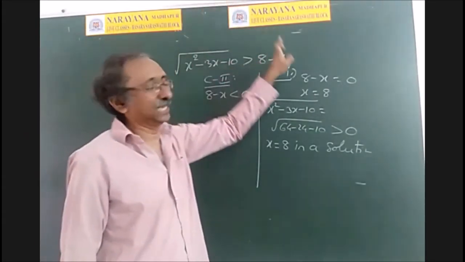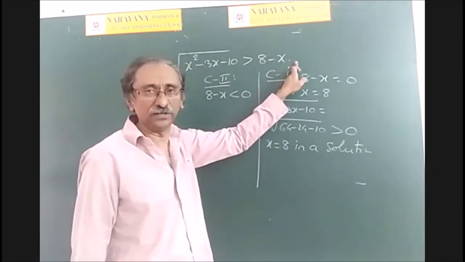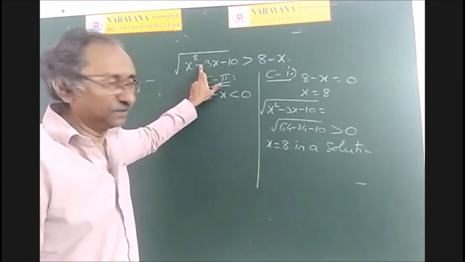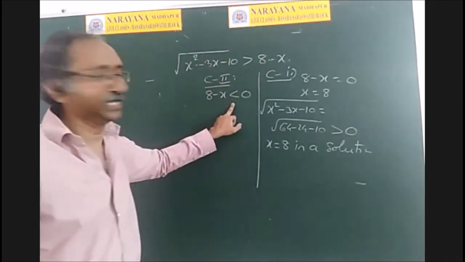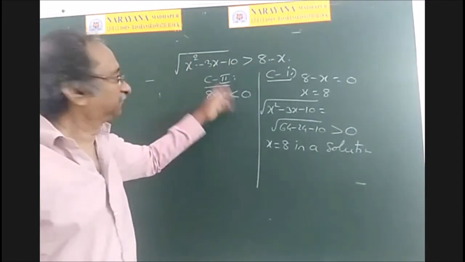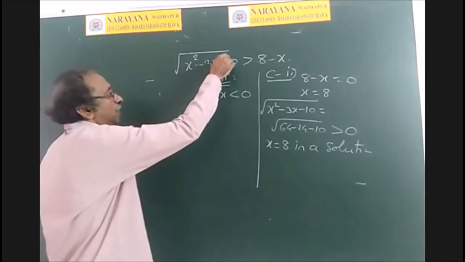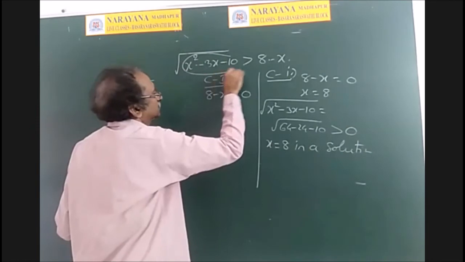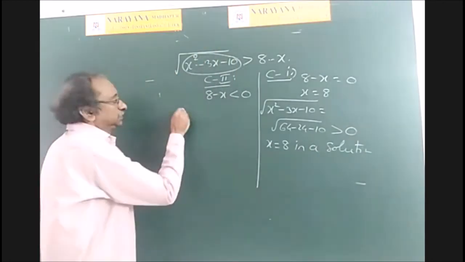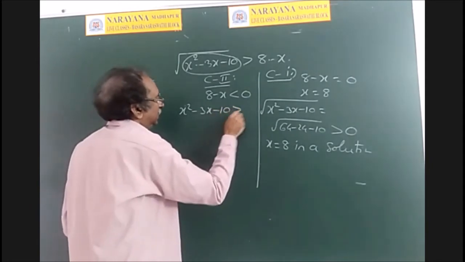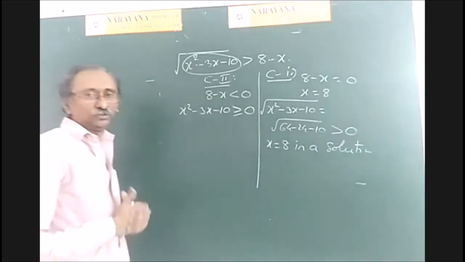Non-negative means it may be positive or 0, whatever it may be, that is always greater than a negative value. Therefore, once again, we need not solve that inequality, but we have to be careful that this must be positive or 0. That is, x square minus 3x minus 10 must be greater than or equal to 0.